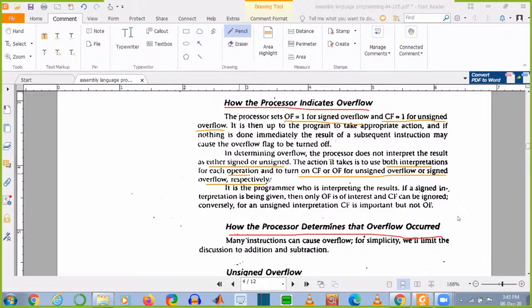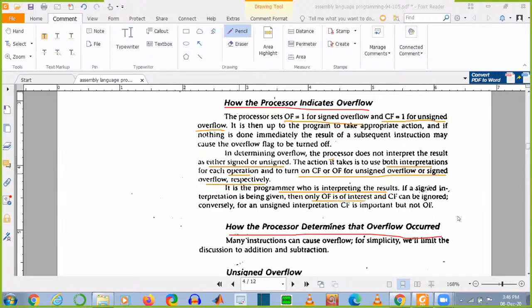If you take the number as a signed number, then you will consider the signed thing. If you take the number as unsigned, then you will consider it as unsigned. So it is the programmer who is interpreting the result. If a signed interpretation is being given, only OF is of interest.